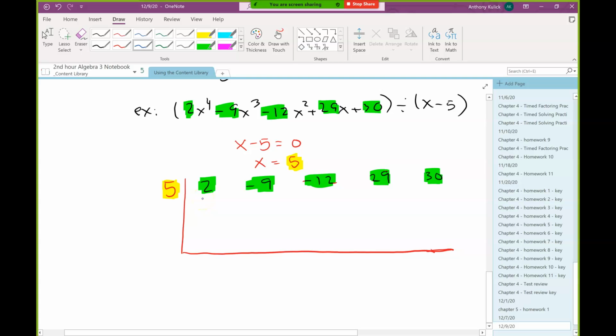So that's the setup. The steps now for synthetic division are the exact same as the steps for synthetic substitution. So begin by bringing that first number down.